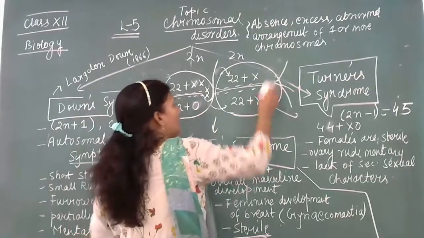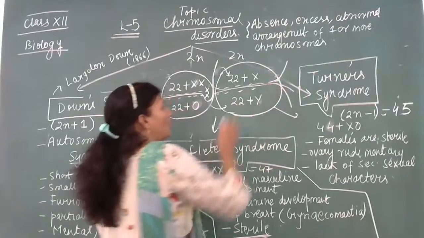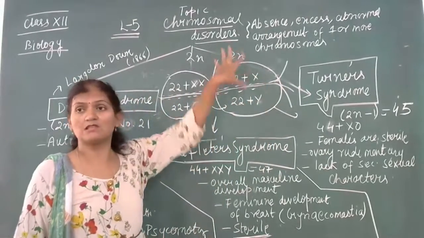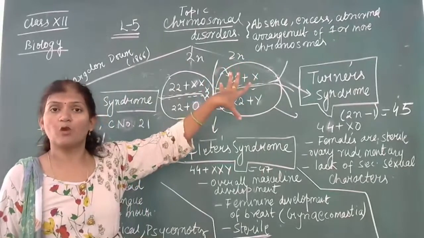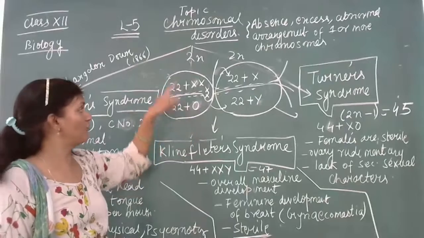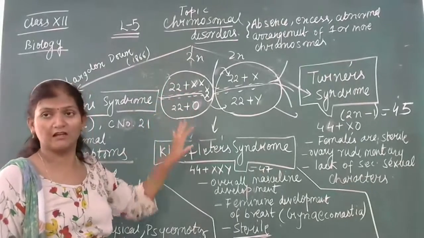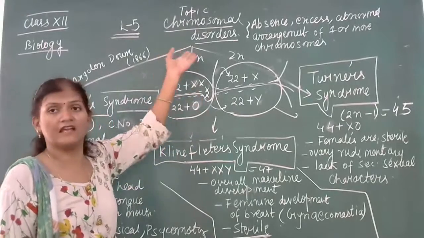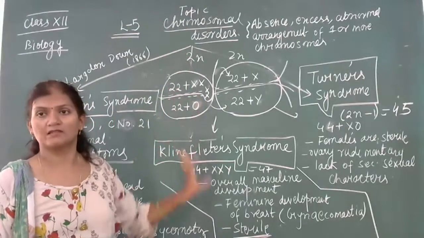So what will happen? It will become 22 plus X and 22 plus Y, because this is the diploid cell in a male. Therefore, one X and one Y. This was the diploid cell in female. Therefore, one X was there and one X was here. But they haven't separated and two X have gone on that side and there is no X.